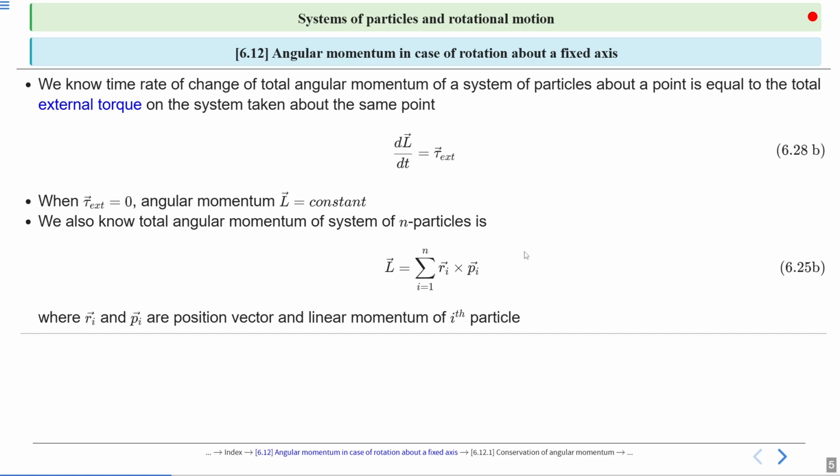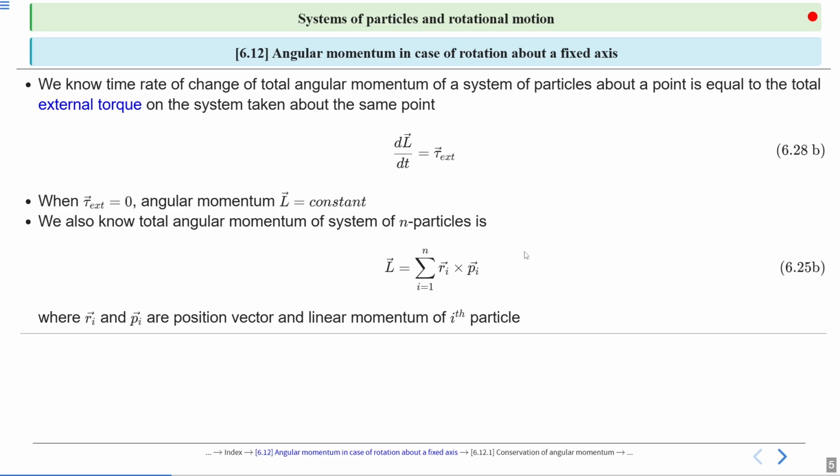We know the total angular momentum of a system of n particles we can write as L is equal to summation i equal to 1 to n, ri cross pi. Here ri and pi are the position vector and linear momentum of the ith particle respectively.